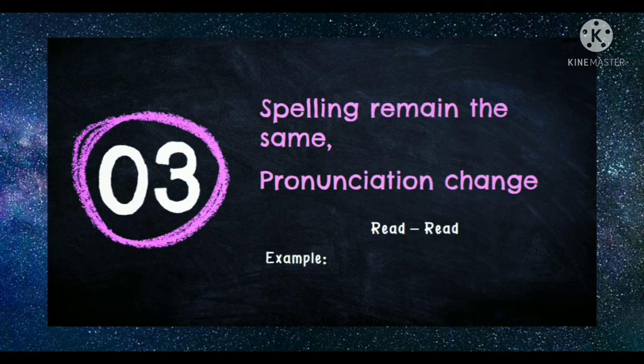In present tense, we say read. What about the past tense? Yes, you got it correct. We say it as read. Read becomes read in past tense. The spelling remains the same but the pronunciation changes. That's the third group.